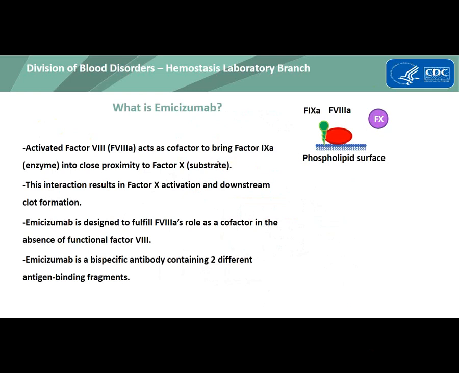That's depicted in this cartoon, in which activated factor VIII, shown here in red, acts as a cofactor to bring factor IXa, shown here in green, into close proximity to its substrate. So 9a is an enzyme. It activates 10, which leads to thrombin generation and clot formation.